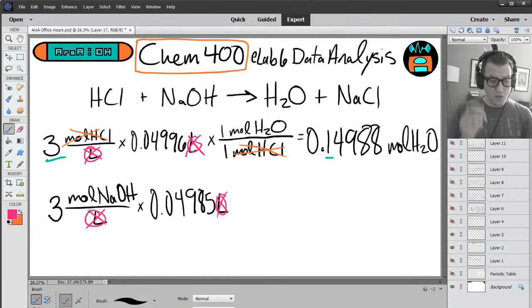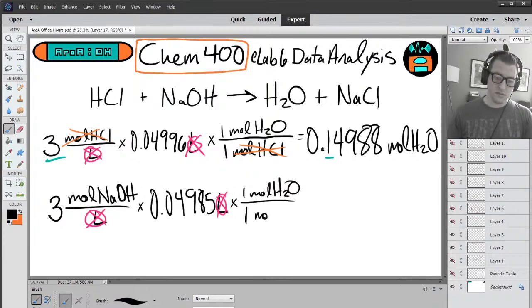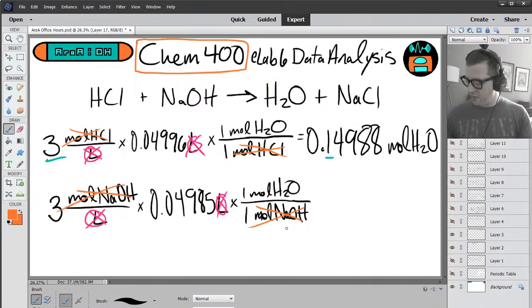So liters cancel. Next, we're going to convert our moles of sodium hydroxide to moles of water. Moles of sodium hydroxide cancel. And now we can calculate how many moles of water would be produced if sodium hydroxide is the limiting reactant. 3 times 0.04985.